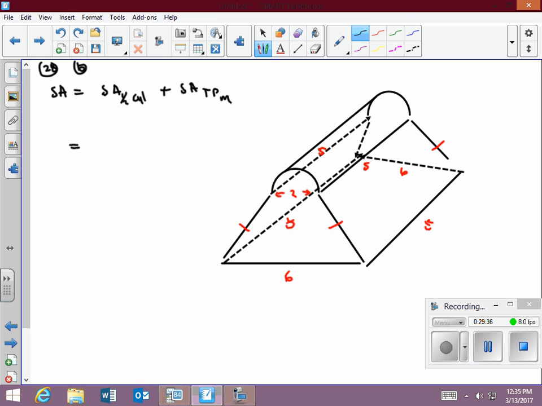So a cylinder, we're doing 1/2 of that cylinder, and it's the surface area of the circle plus the surface area of the side.